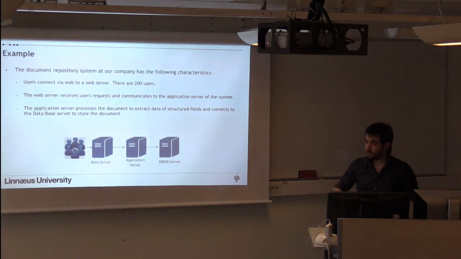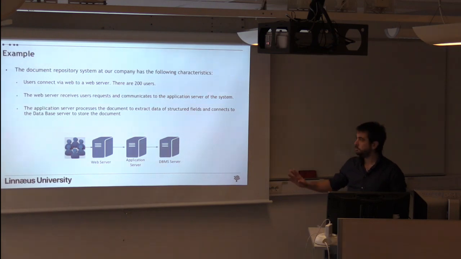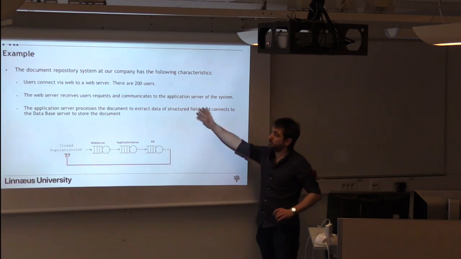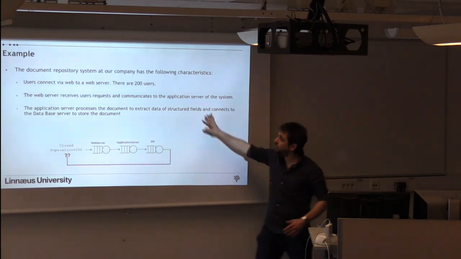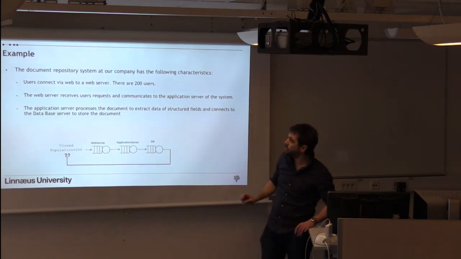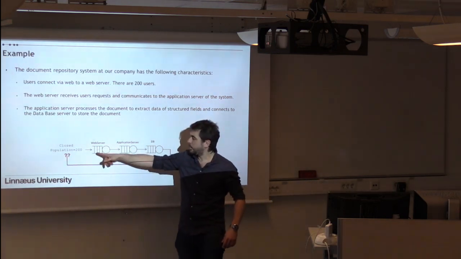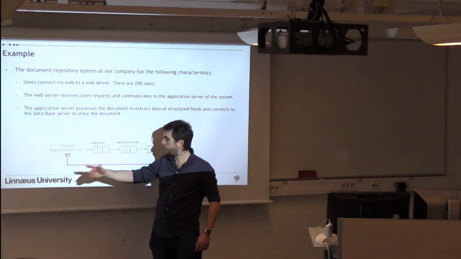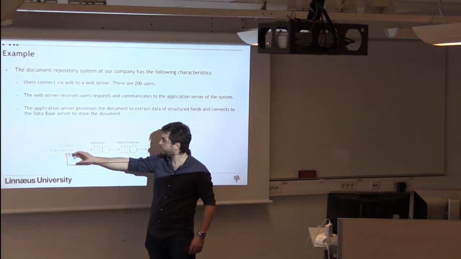With this information, we can create some queuing network like this. It's not complete. We don't have all the information because this is not completely defined. It has given just some info. But we can say that we have a closed population, 200. It's not going to be open. It's a fixed amount.